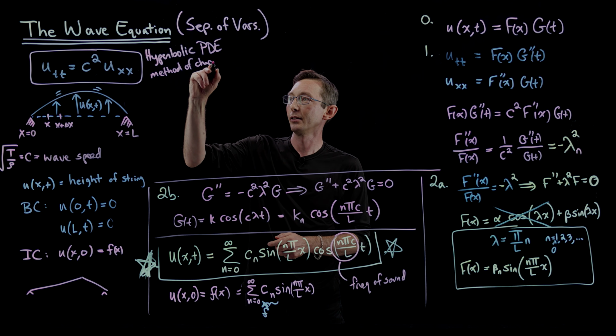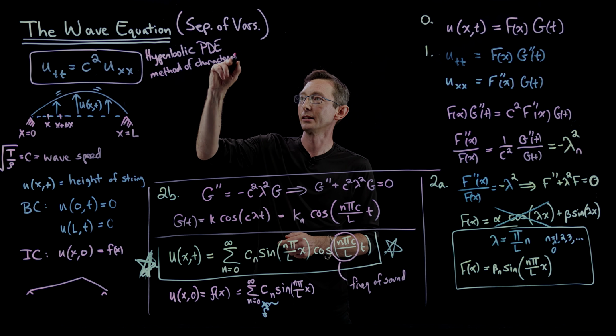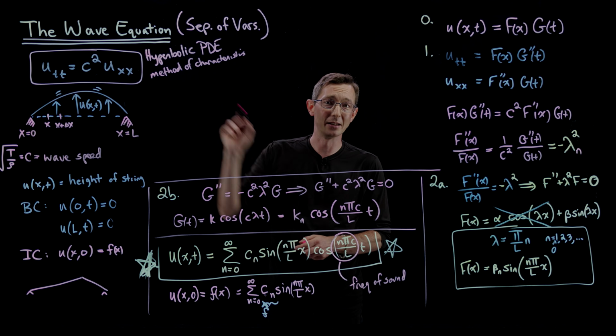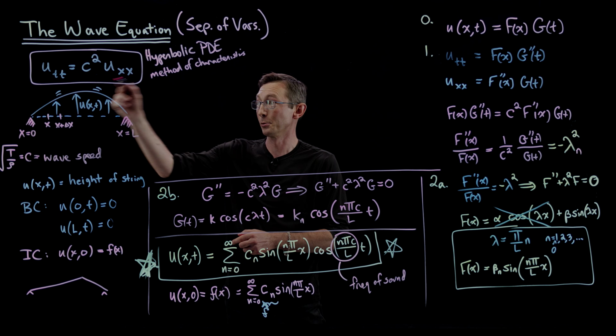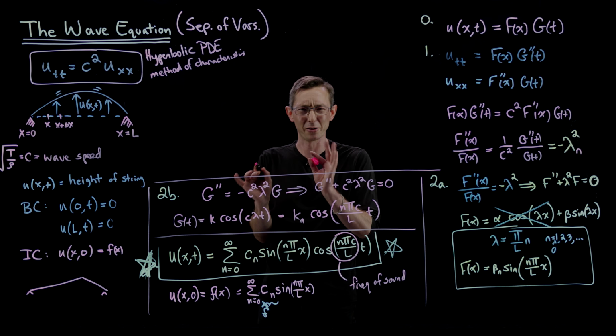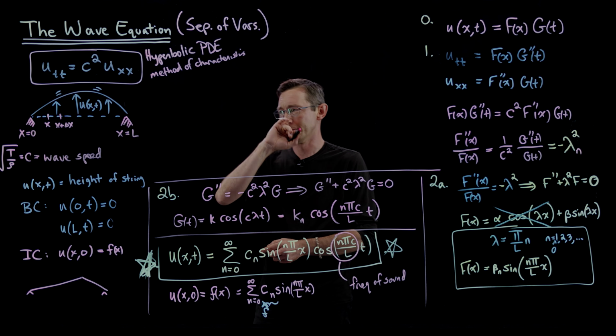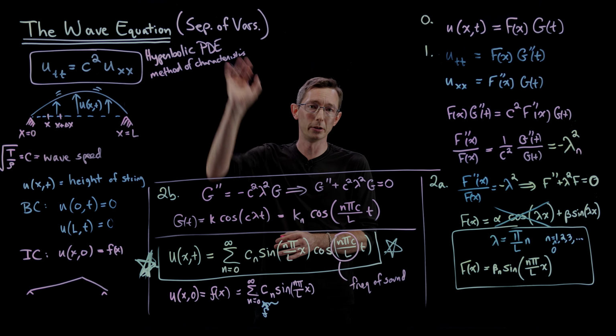Method of characteristics. I believe this was also invented by D'Alembert when he derived this wave equation. I'm not 100% sure, but I think so. And I'm going to have a whole lecture on this.